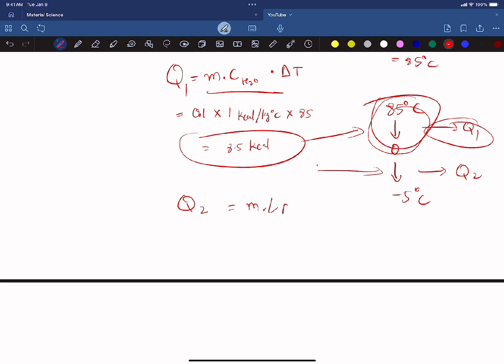M times LF. What is LF? This is the latent heat of fusion for water, and M is mass, 0.1 kg times 80. So this value is fixed, the latent heat of fusion for water.